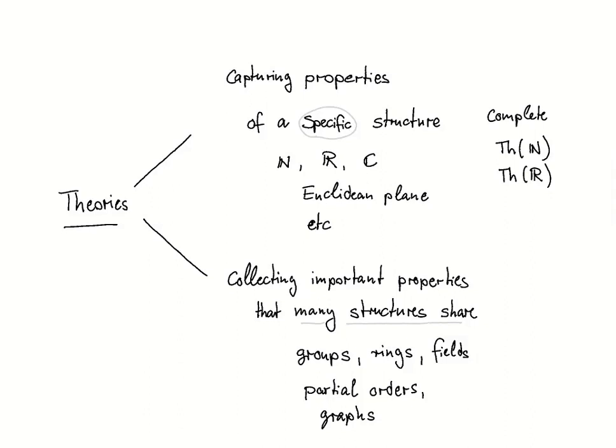On the lower part, we often have theories that are incomplete, and this is completely intentional because we really want to capture only certain important properties, but not all properties of a specific structure. We want to collect properties that the structures share, like groups or rings, leaving other properties open.